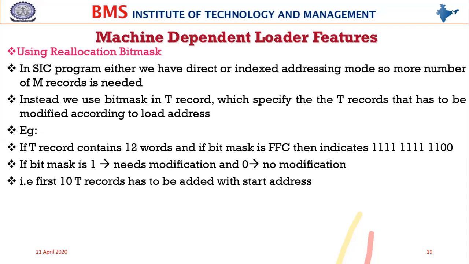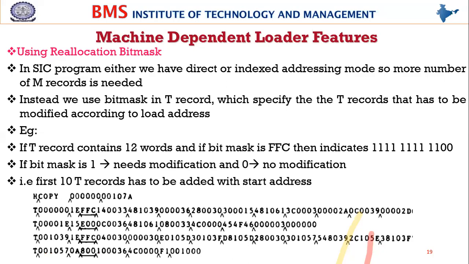So how many text records are there? Combining all of them, we take one bit mask, which specifies which of the text records need to be modified. So in our example, the first 10 consecutive records need to be modified, and the last 2 records need no modification. You can see the example given in your textbook.